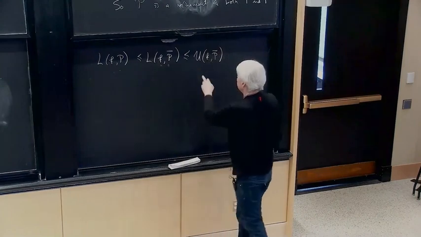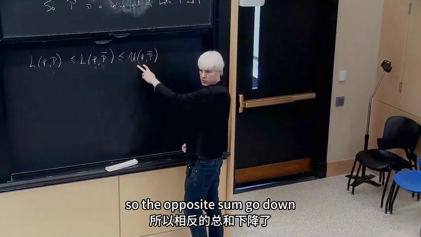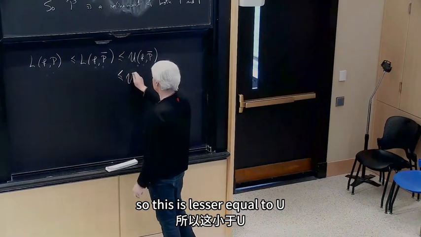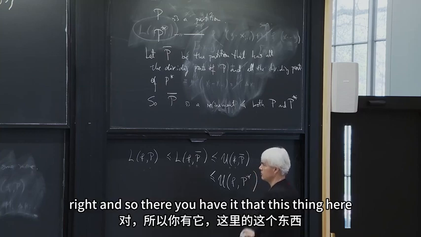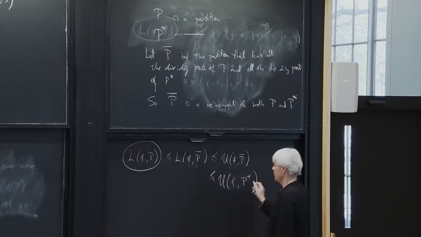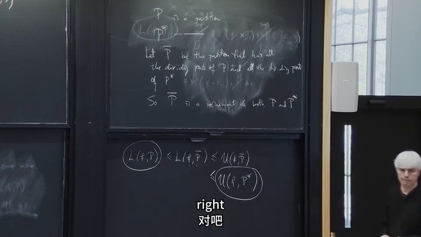And this here is now a refinement of P star, so the upper sum goes down. So this here is less or equal to U F of P star. And there you have it: the lower sum for one partition is always smaller than the upper sum for the other.